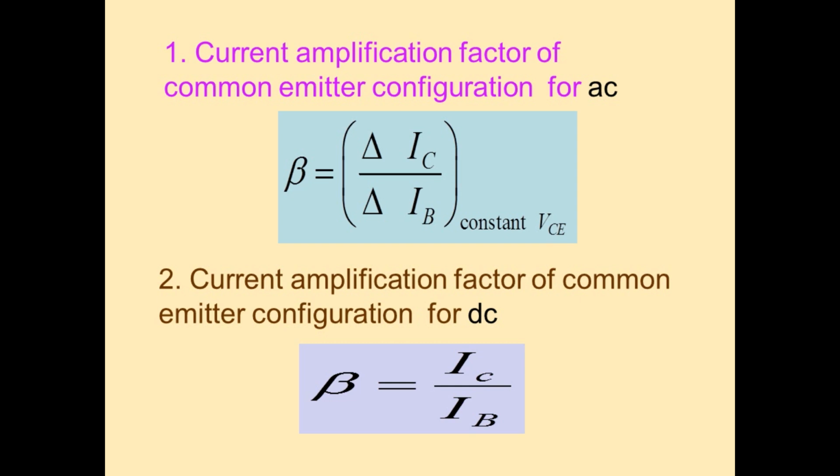So beta equal to IC by IB in the case of DC current, and beta equal to delta IC by delta IB in the case of alternating current.